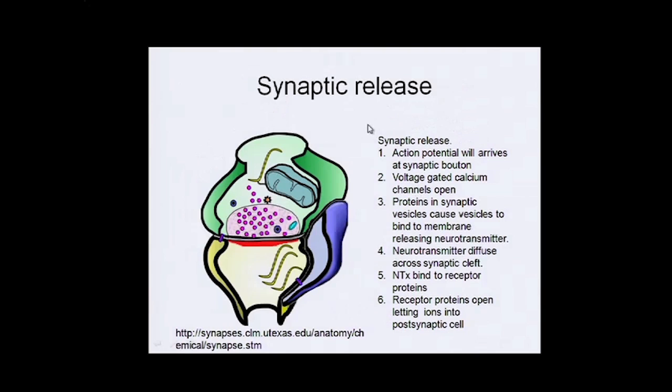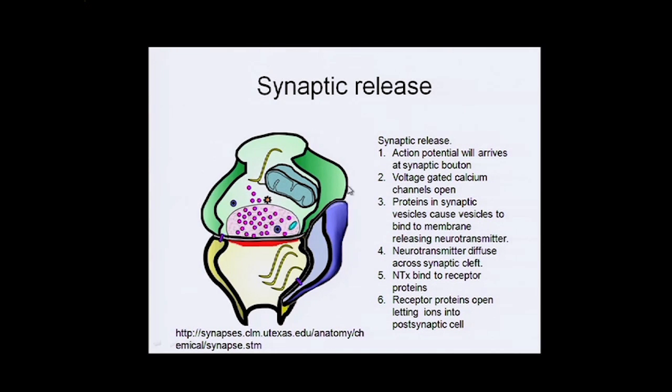So how does the synaptic release happen? Here's a diagram pulled off the web. You can see the very large vesicle, and the little pink are supposed to be the neurotransmitters, I believe. You can see a gap junction over here. The action potential arrives at the synaptic button, and it opens the calcium channels.